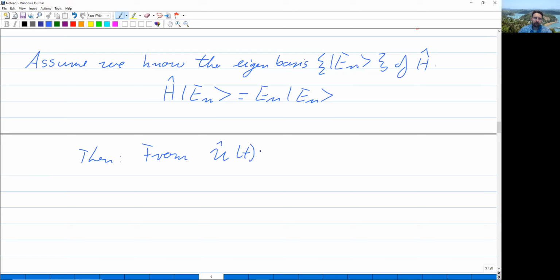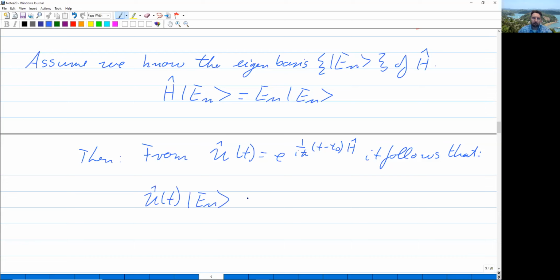u hat of t equal to e to the power of 1 over i h bar t minus t naught h hat, which is what we just proved, from this fact, it follows that if we apply this equation, the left-hand side and the right-hand side, to an eigenvector of the Hamiltonian, then we obtain that u hat of t acting on an eigenvector equals e to the power of 1 over i h bar t minus t naught Hamiltonian acting on the eigenvector.